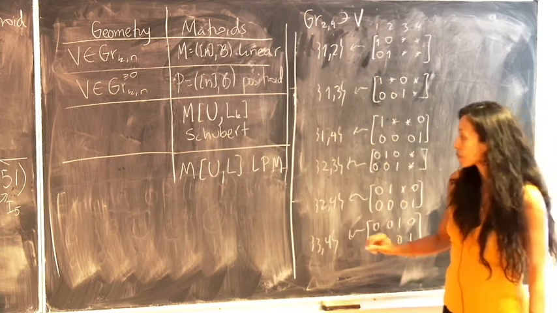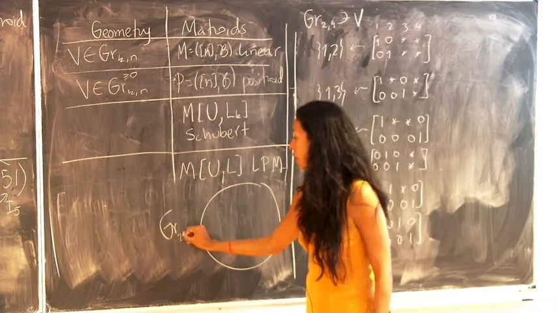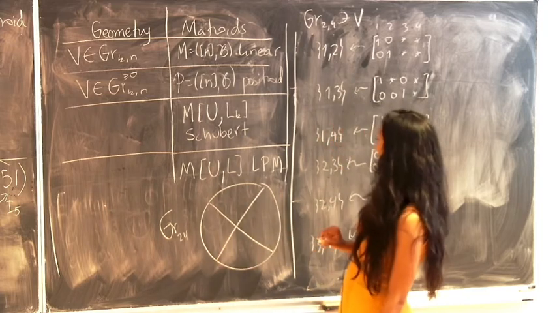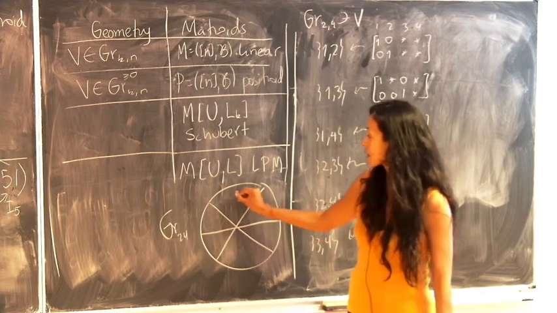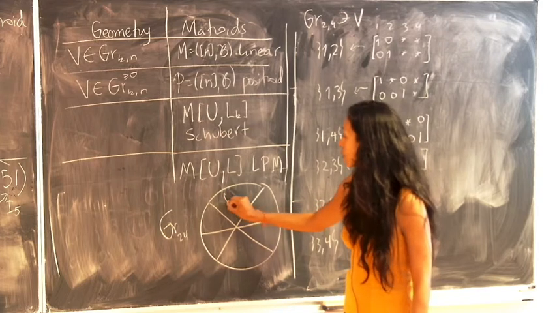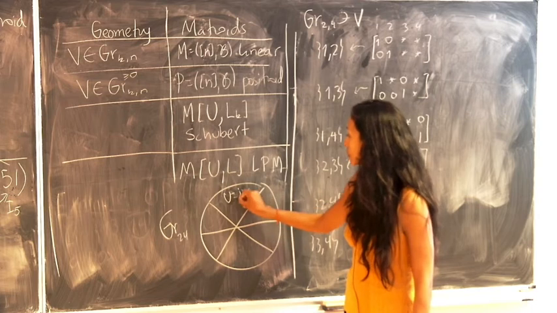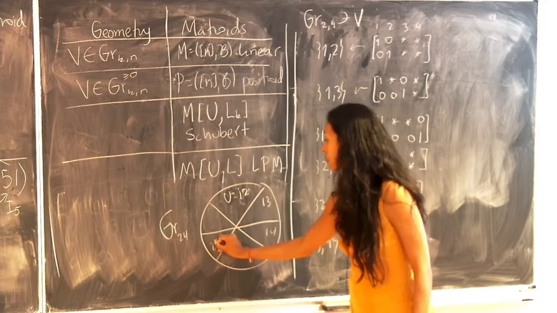So if I were to think of the Grassmannian Gr(2,4) as a cake, at least one way of dividing it is to split it in 6 pieces, and each piece is going to be indexed by a subset, let's call it U, and either my subset is 1,2; 1,3; 1,4; 2,3; 2,4; 3,4.